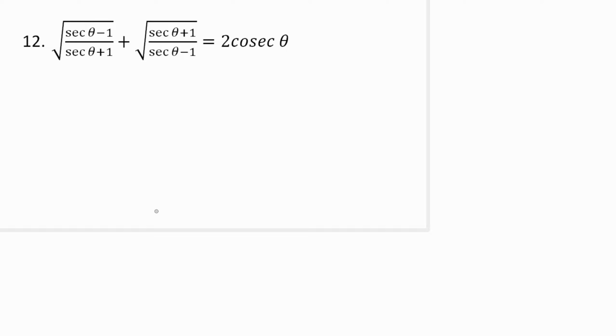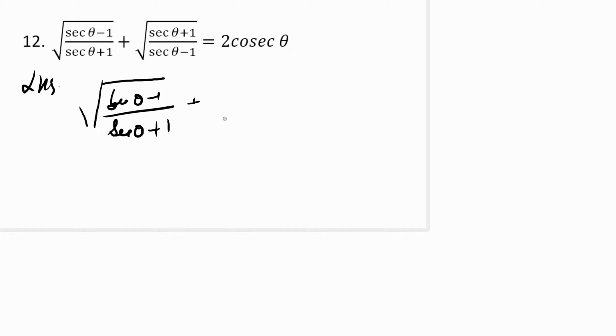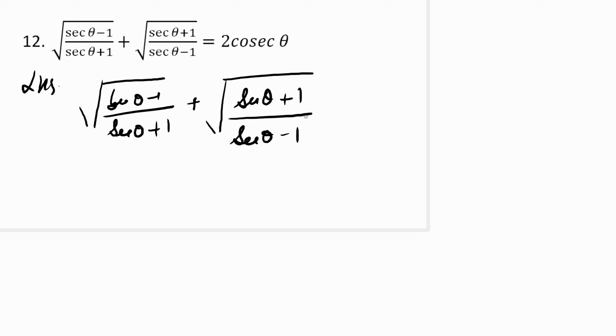So how will we start? We will start by taking the LCM. We will start with the left hand side: under root sec theta minus 1 upon sec theta plus 1 plus under root sec theta plus 1 upon sec theta minus 1.